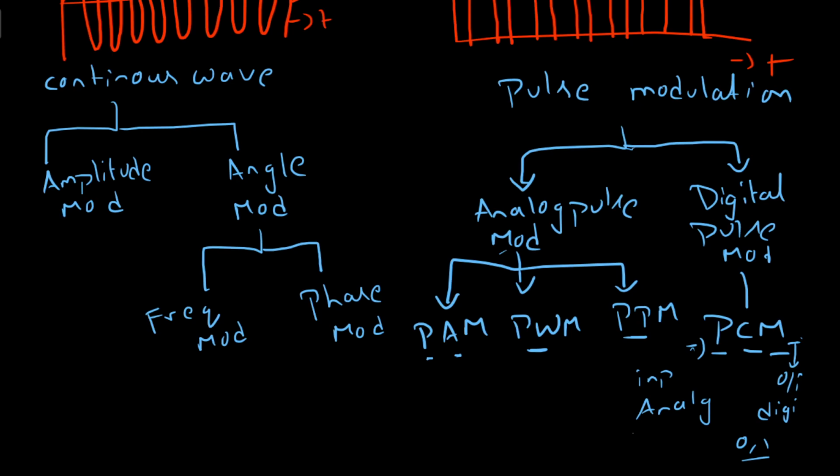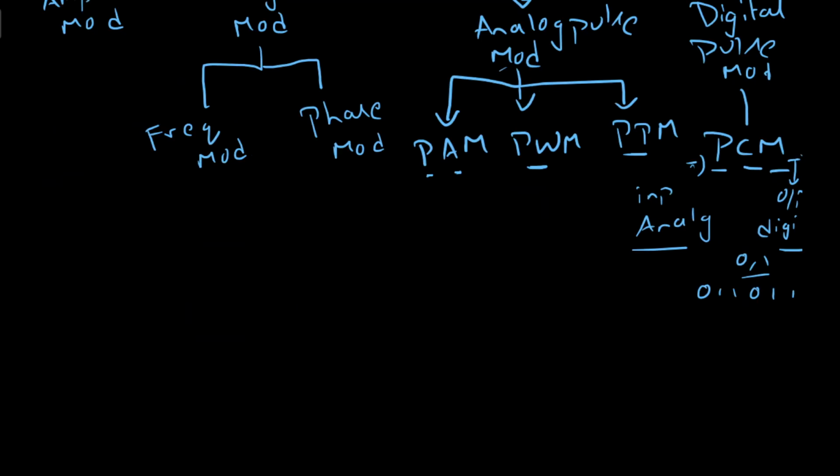So it looks like a code, a combination of ones and zeros. That is the reason it is called pulse code modulation. One more modulation in digital pulse modulation is delta modulation.